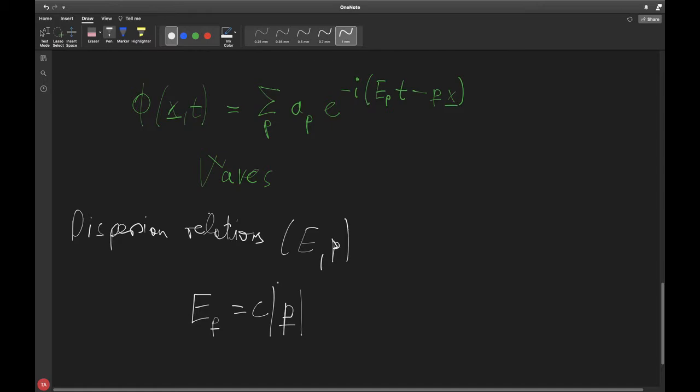And there is also no interaction in this model yet. So these particles, if they just meet each other, they just propagate through space-time. Their speed is the speed of light, and they do not interact. There is no scattering. They just go very happily in the universe at the speed of light.